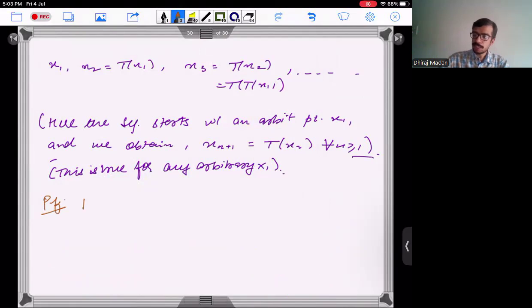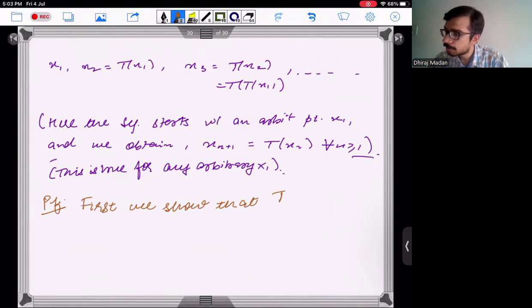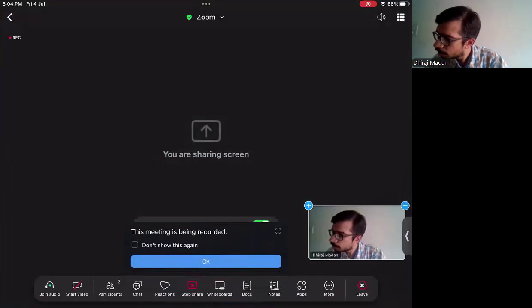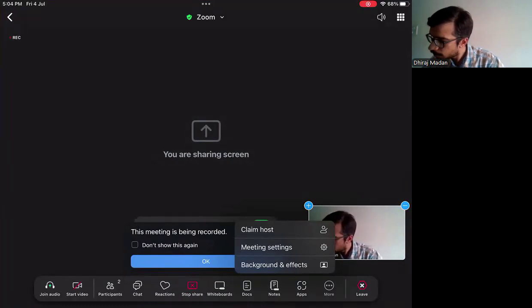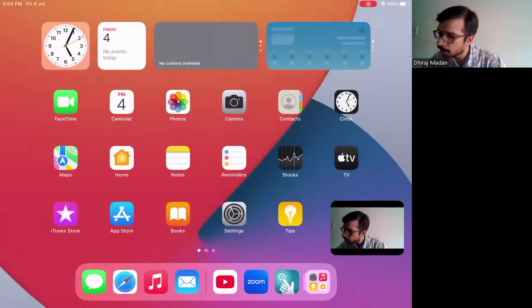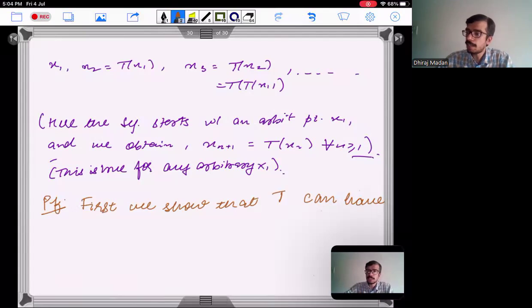So first we show that T can have at most one fixed point.